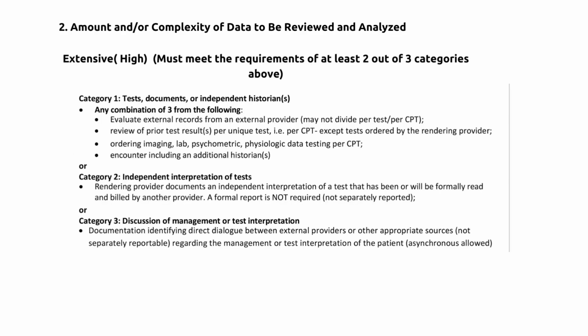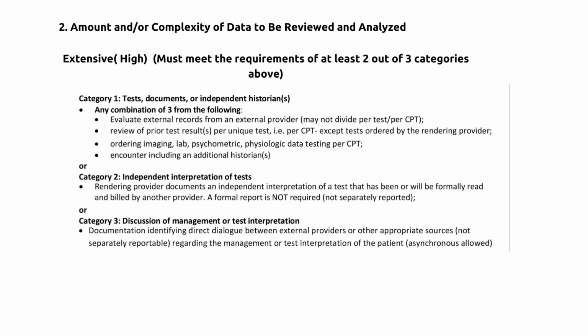And the fourth category of MDM for the amount and complexity of data to be reviewed and analyzed is extensive, which must meet the requirement of at least two of three categories. Category 1, test, document or independent historian: any combination of three of the following.